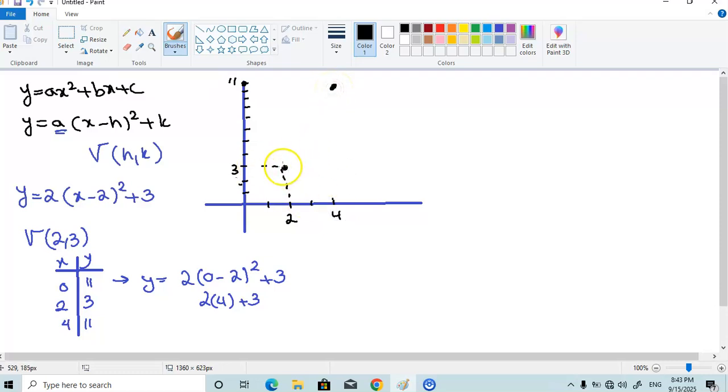And I'm going to plot the points in form of a curve, a parabola, looking like this. So yeah.